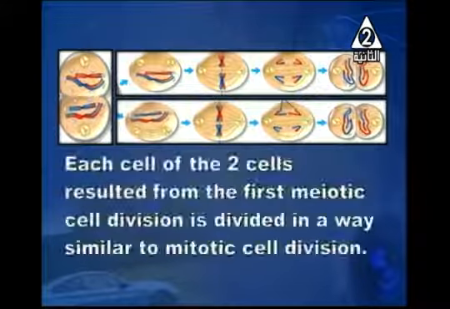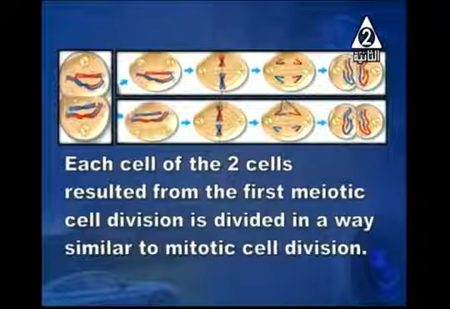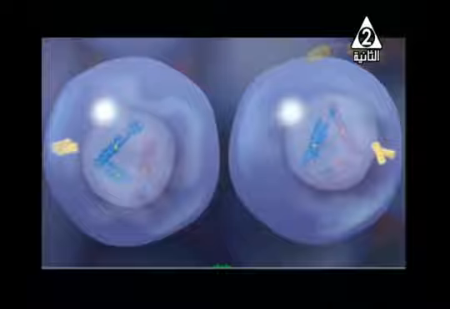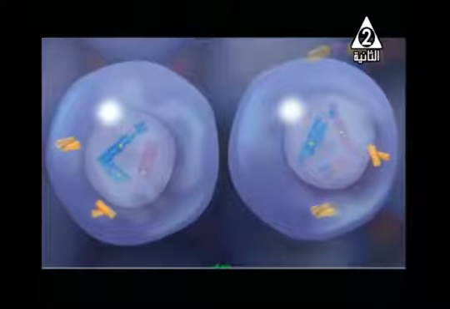Each of the two cells resulting from the first meiotic division is divided in a way similar to mitotic cell division to form 4 cells containing half the number of chromosomes at the end of the second meiotic division.